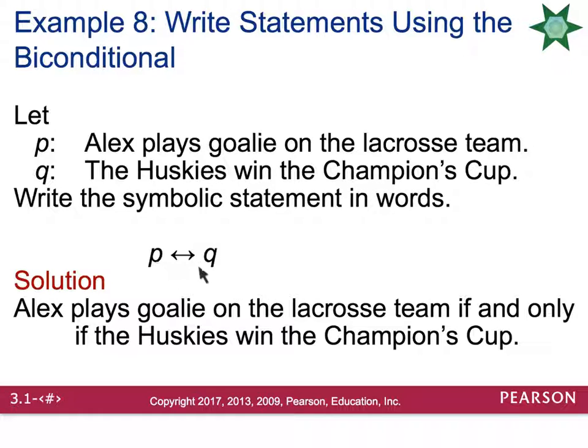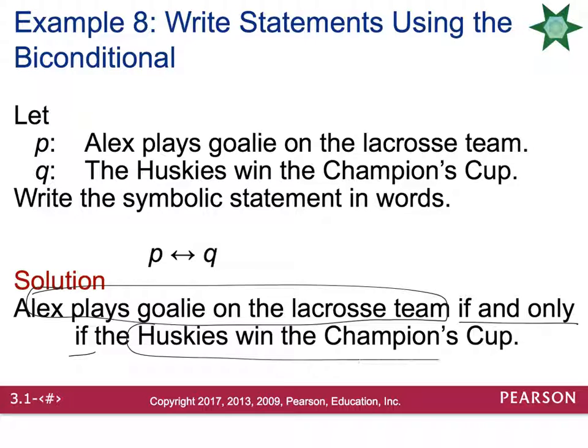That's how we would translate this into words. This is our P statement here, there's our double arrow underlined, and here's our Q statement.